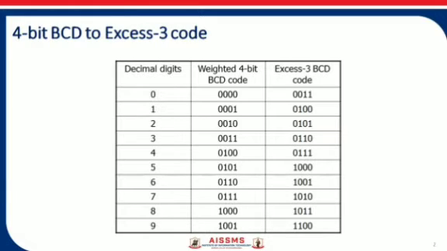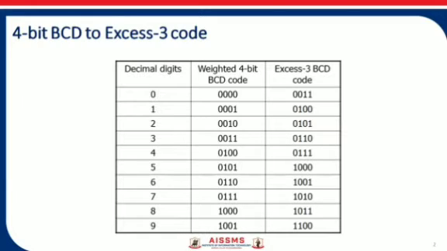Then if I want to calculate the XS3 code of a BCD, I just need to add a decimal 3 to the required number, and whichever result is generated is nothing but the XS3. But that number we should represent in binary.